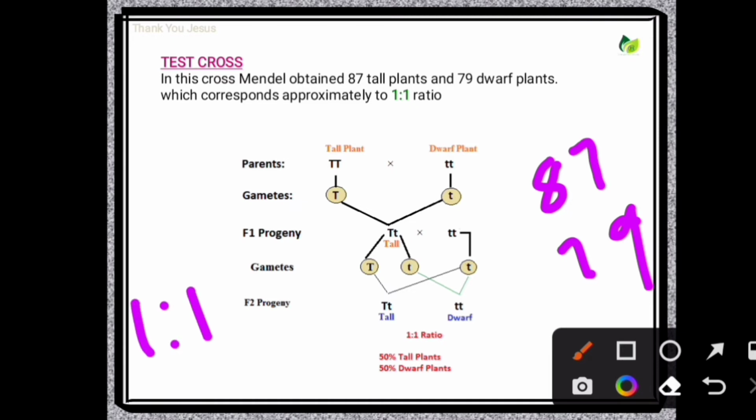That means 50% of plants were tall and the remaining 50% were dwarf.